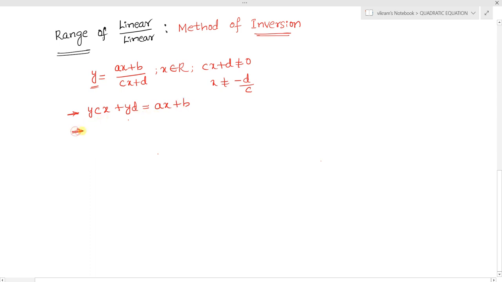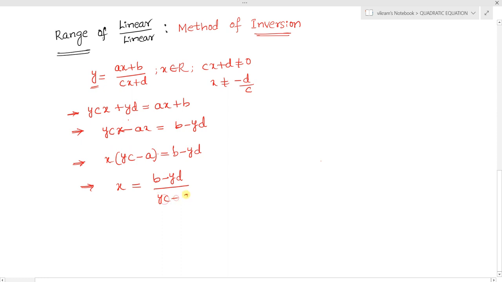Then ycx minus ax equals b minus yd. Taking x common, we obtain x times yc minus a equals b minus yd. So x equals b minus yd by yc minus a.